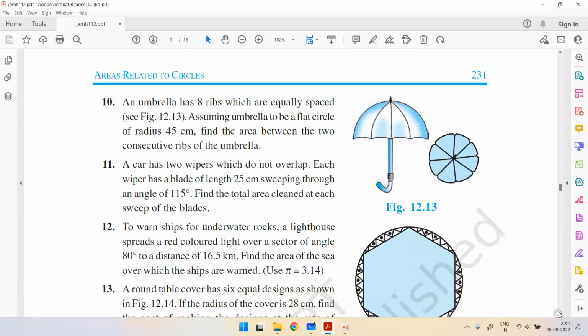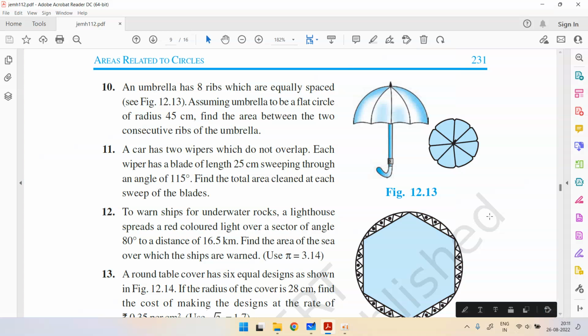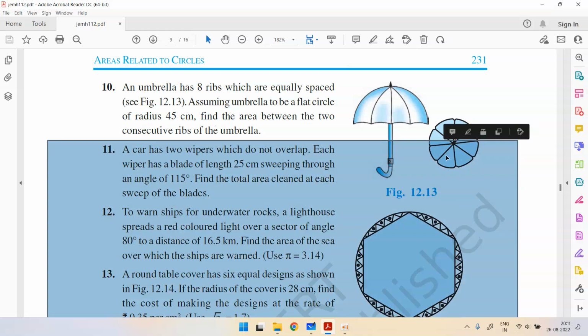Next, question number 10. An umbrella has 8 ribs. See, the umbrella is having 8 ribs, which are equally spaced. See this figure. Assuming the umbrella to be a flat circle, find the area between two consecutive ribs of the umbrella.